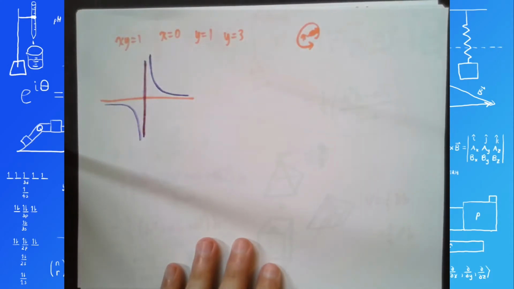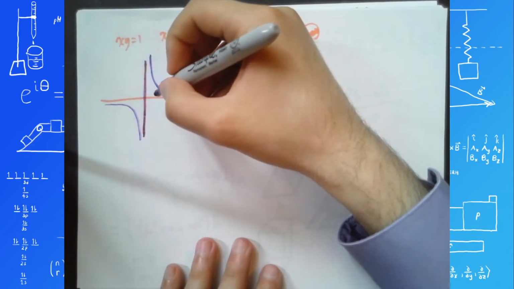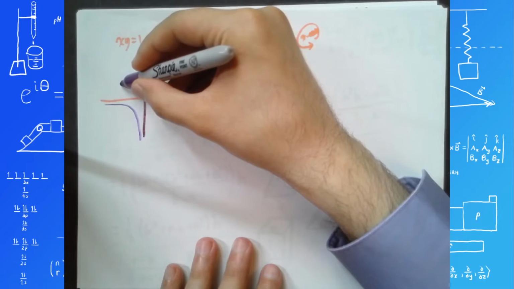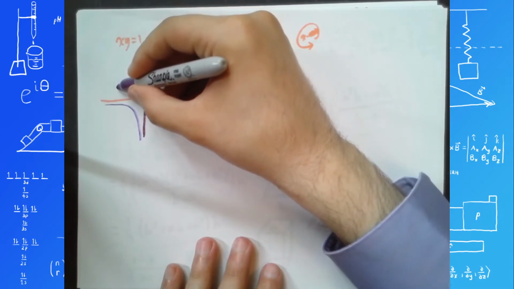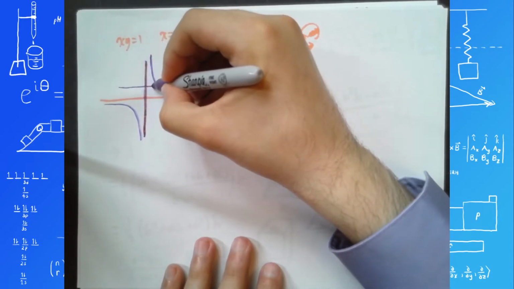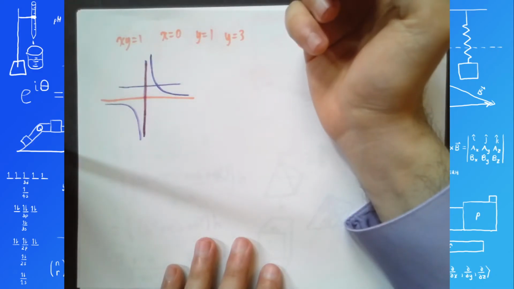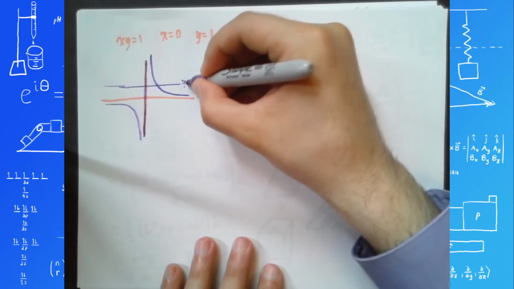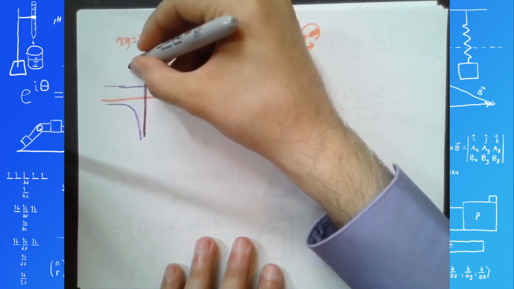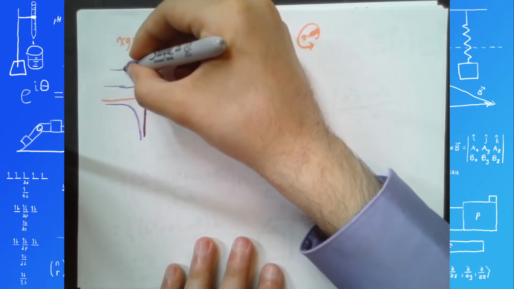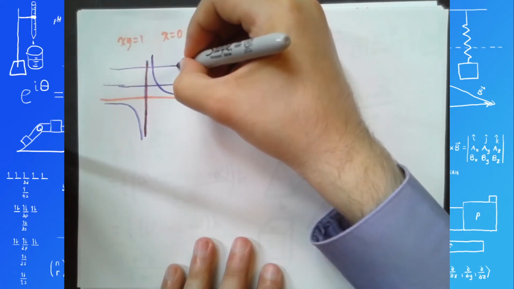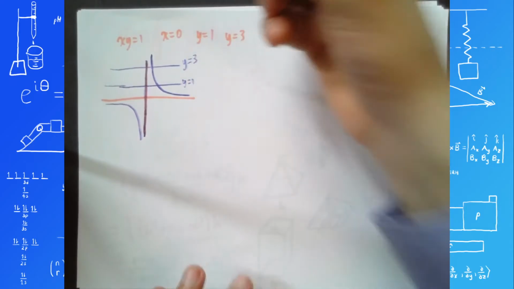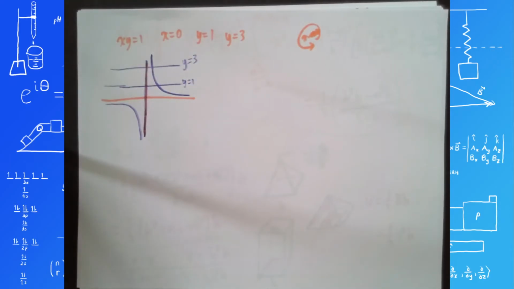We've got y equals 1, which would be, I guess, here. And y equals 3 would be about here. Okay, and that takes care of that.